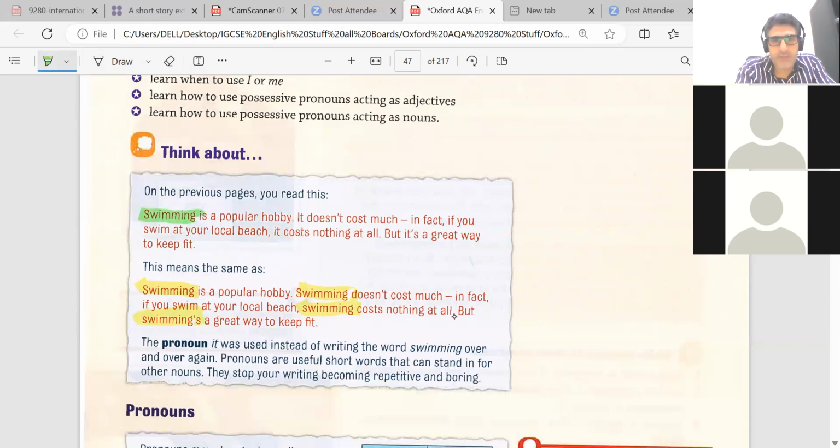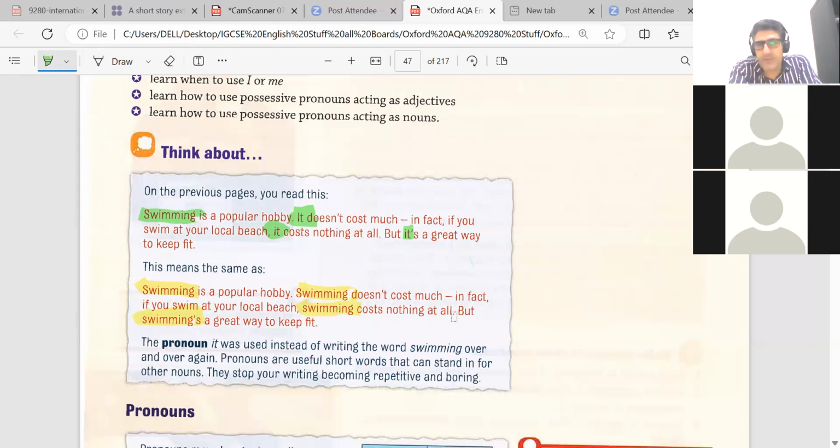Okay, thank you, Akram. Here, as Akram mentioned, ya shabab, in the first paragraph, how many times is swimming repeated? Just once, at the beginning. Swimming is a popular hobby. After that, it doesn't cost much.